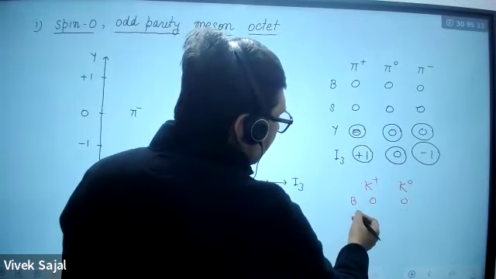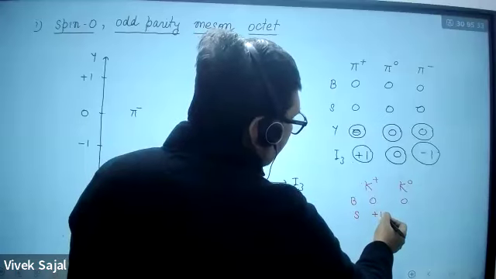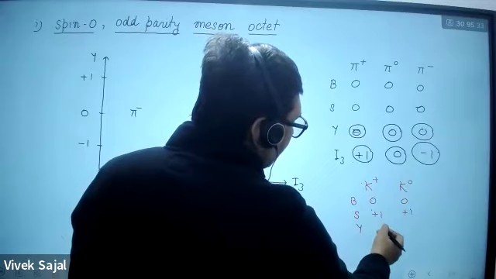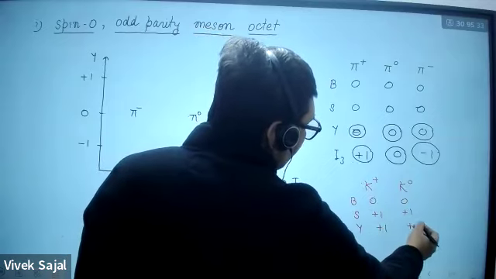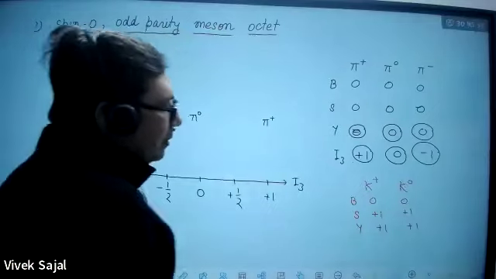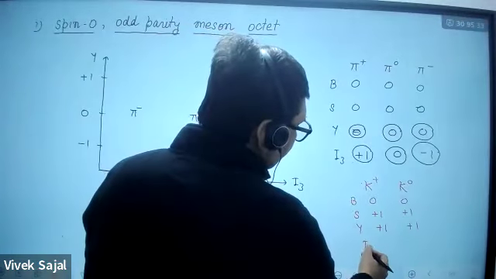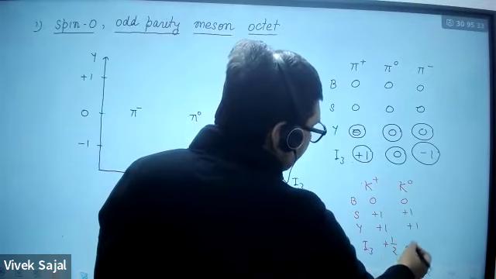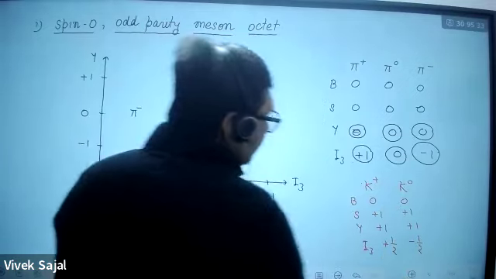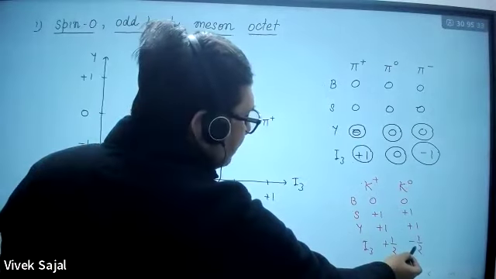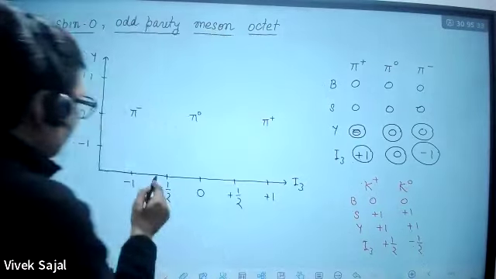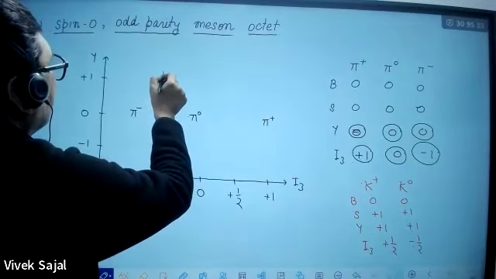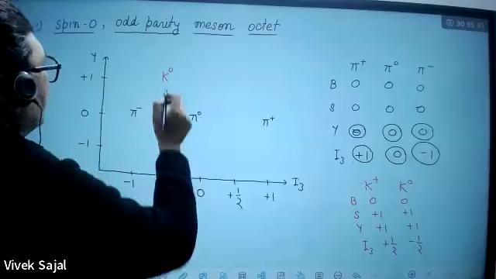They are strange, with strangeness +1, so Y number will be +1 for both. And I3 will be +half for K plus and minus half for K naught. So K naught is at minus half and +1, here.